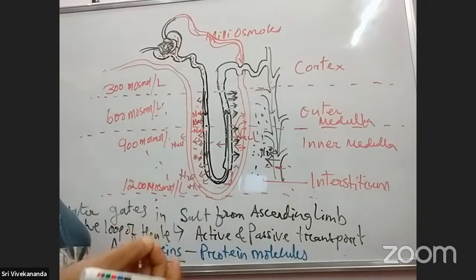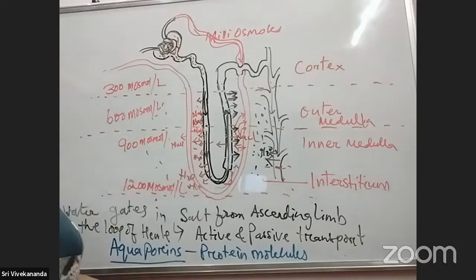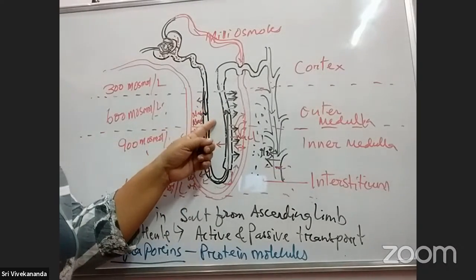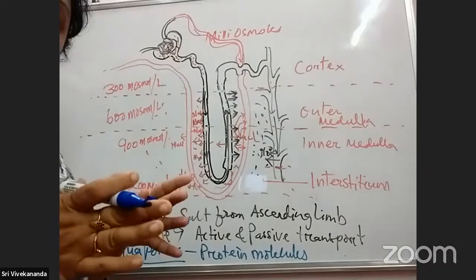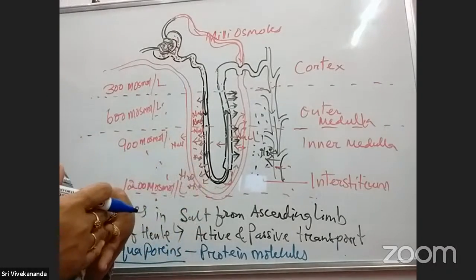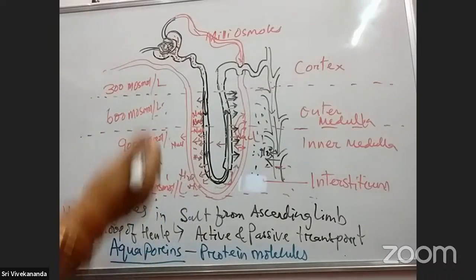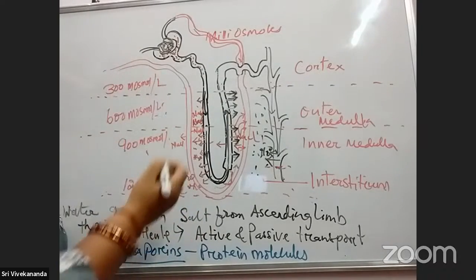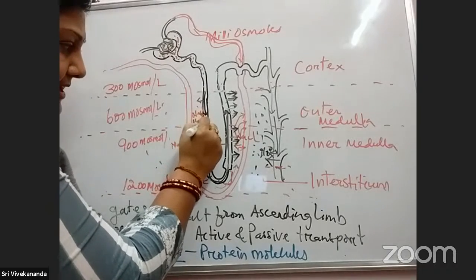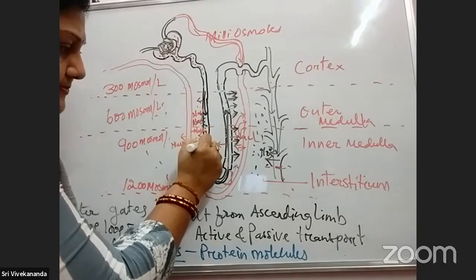So these protein molecules on the membrane of the tubule cells act like gates. They will open and close so that the water will move. So which side is the aquaporin on? I will put a blue mark there. So this side aquaporins are there.